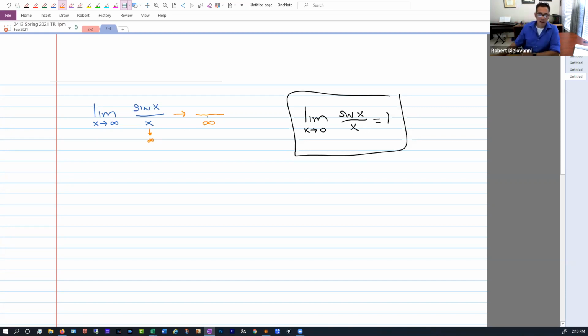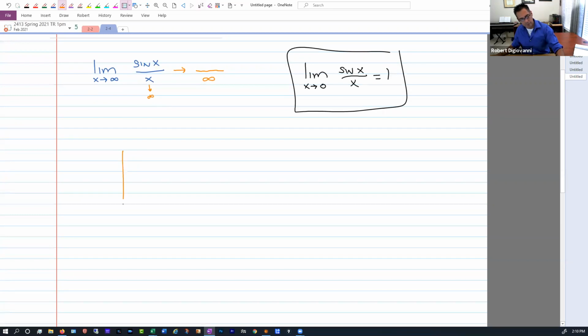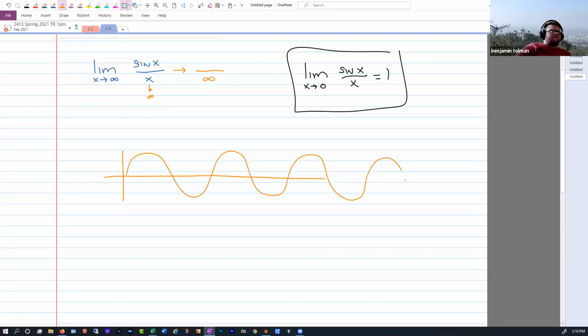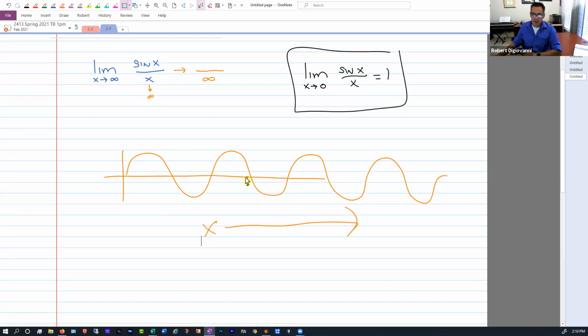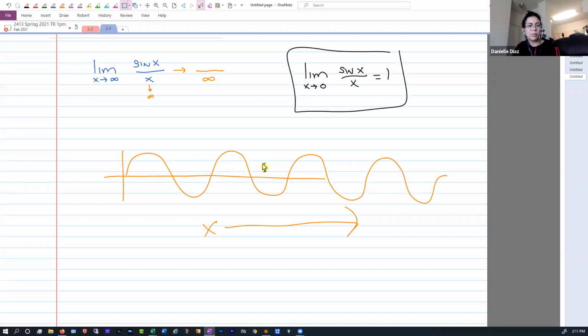But what about the sine function? As you go to infinity, think about what the sine function looks like. It repeats. It does this, right? So as x goes to infinity, is your sine function headed to one specific number? No, it just keeps oscillating.